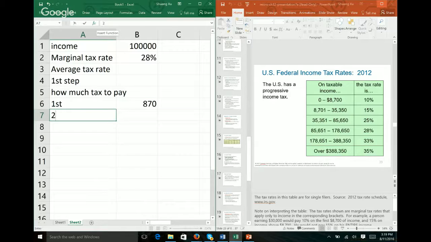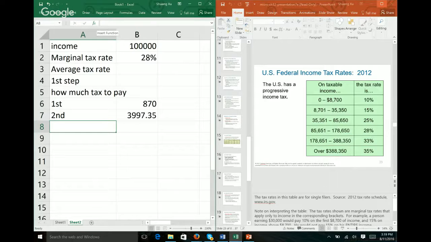Now for the second bracket, we pay 15%. That's between $8,701 and $35,350, at a 15% tax rate.